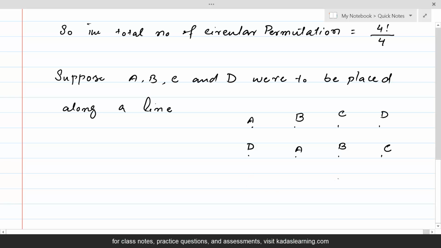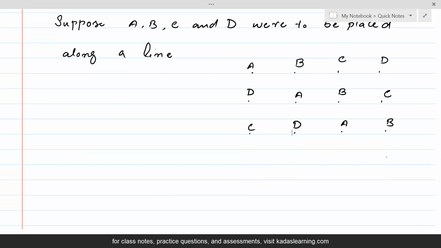And similarly, if A goes here, B goes here, C is here, and D is here, that's still another permutation. And similarly, if A goes here, B is here, C and D. Although we have moved A each time by one place, but it still gives rise to a different permutation.